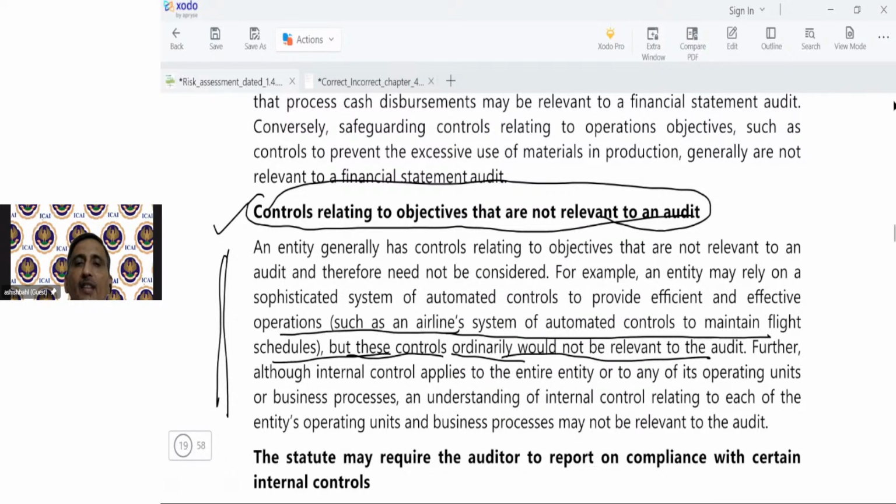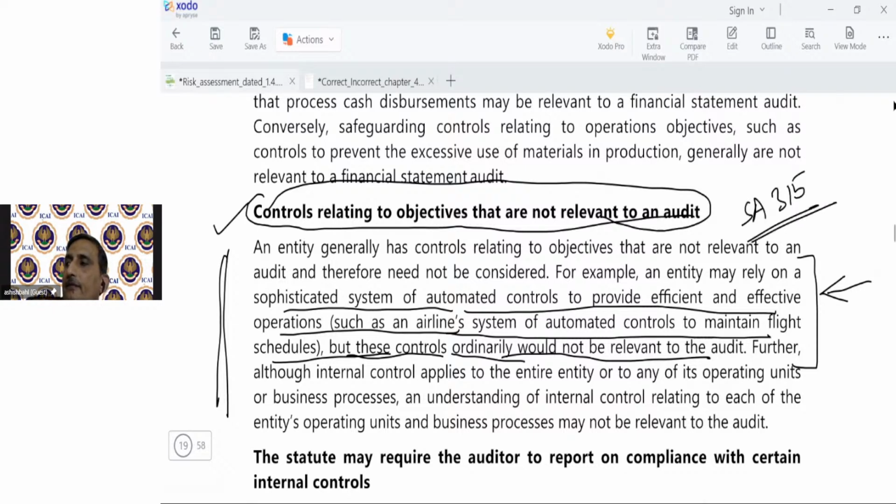So such types of controls may not be relevant. These are not ordinarily relevant for an auditor. So this is an example given in SA 315. You understand now, guys? It is clear.